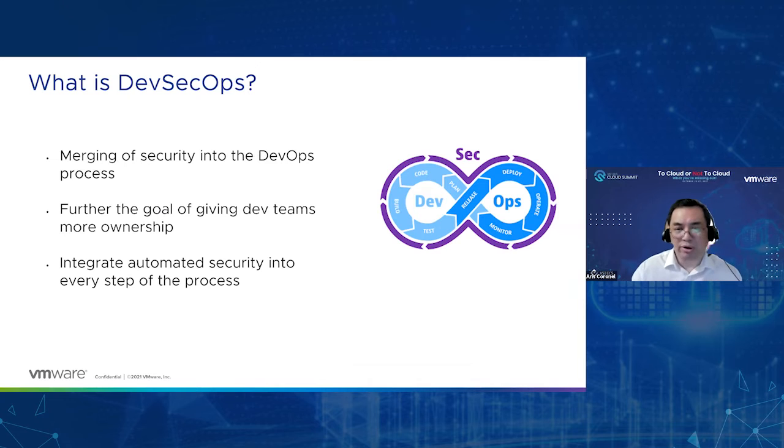Now, when you're developing a plan of how to do this, the goal really should be to make the development teams have more ownership and accountability of the process. This means that integrating automation into every step of the process is really going to be key.